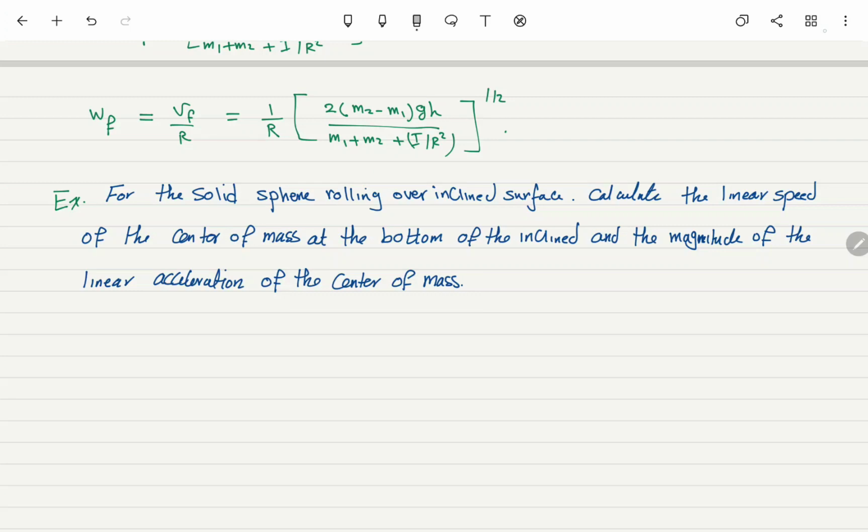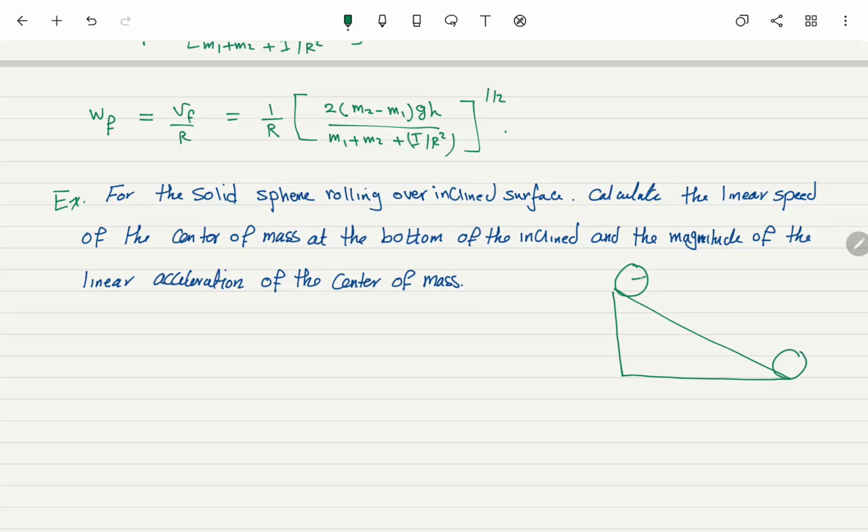For the solid sphere rolling over inclined surface, calculate the linear speed of the center of mass at the bottom of the incline and the magnitude of the linear acceleration of the center of mass. So here's the situation. We have here an inclined surface and a sphere rolling over this inclined surface here.